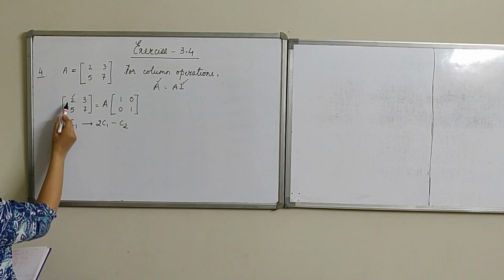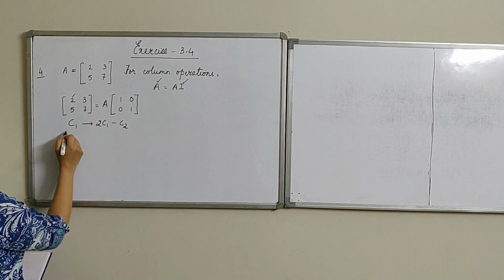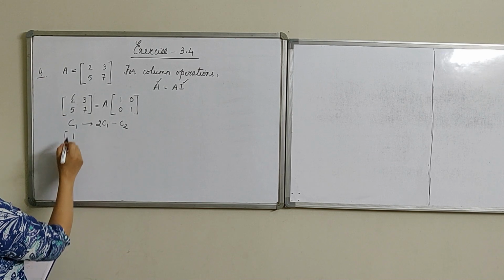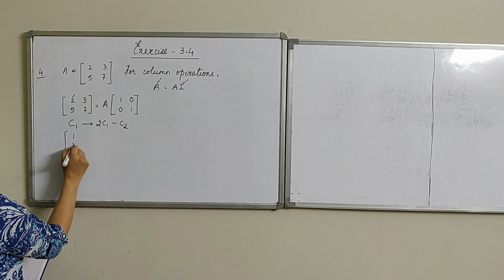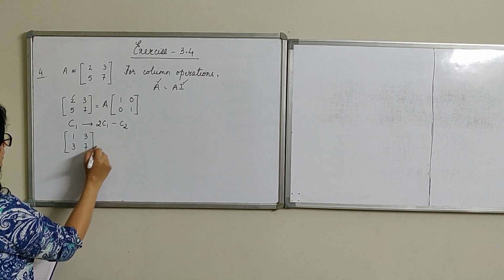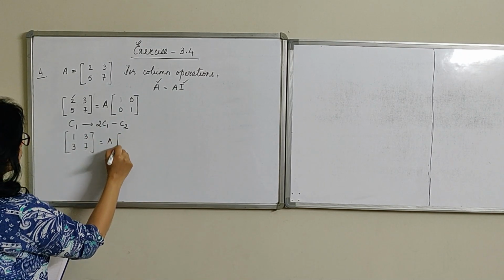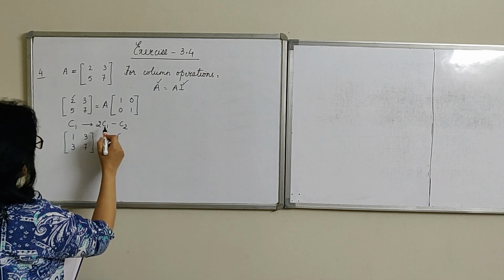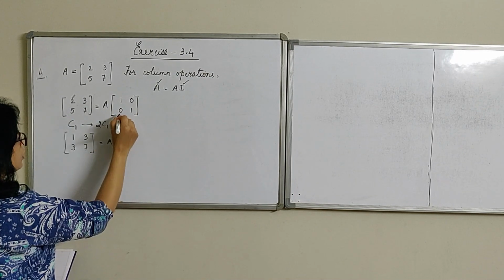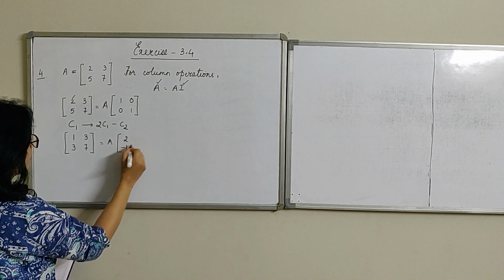You can check here, 4 minus 3 will give us 1. So performing this operation in the first column, first element is 1, 10 minus 7, 3. The second column remains as such. On the right hand side, twice C1 minus C2, twice of this minus 0, twice of this minus 1, and the second column.